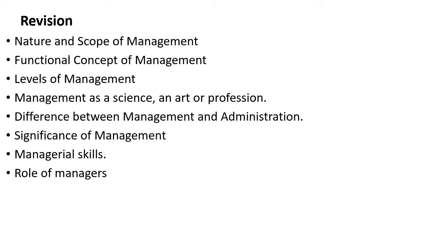Next, in the directing function, leadership, communication, motivation, supervision are coming. Next, in the last controlling function, the cross checking will take place. So you will compare your actual performance with the predetermined benchmark and find the deviation, and again you will start with the planning.